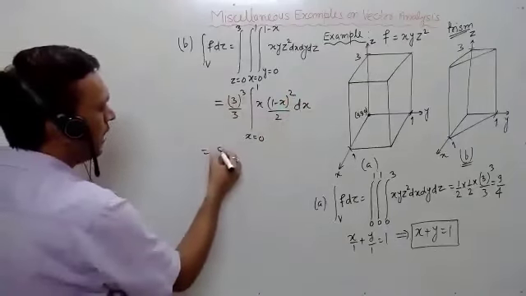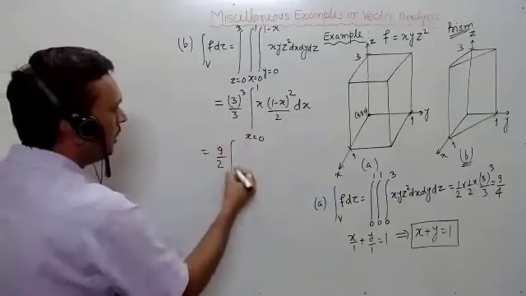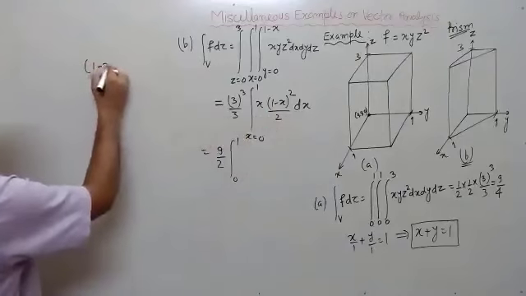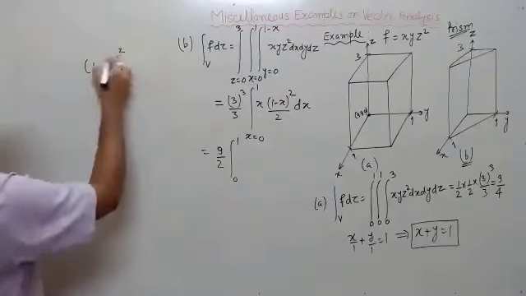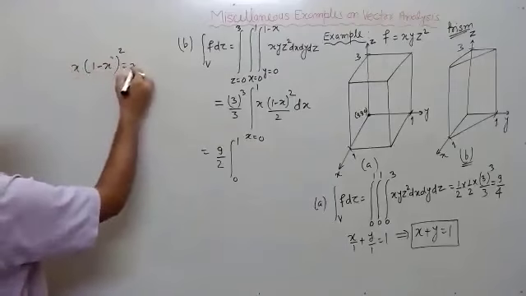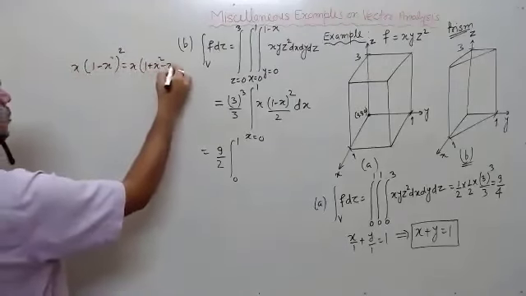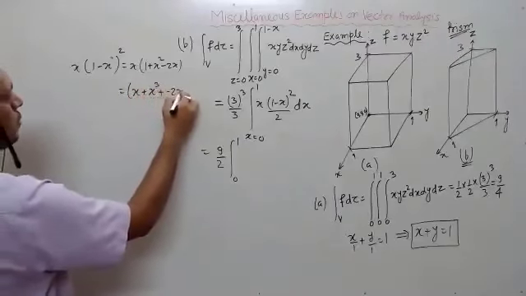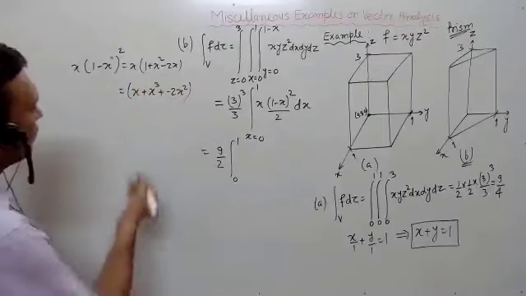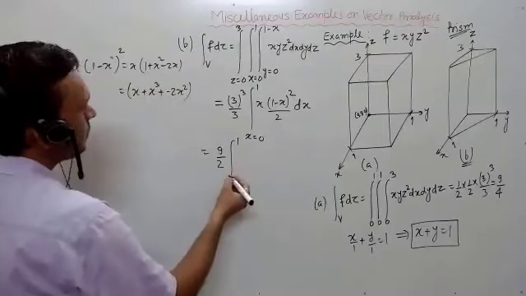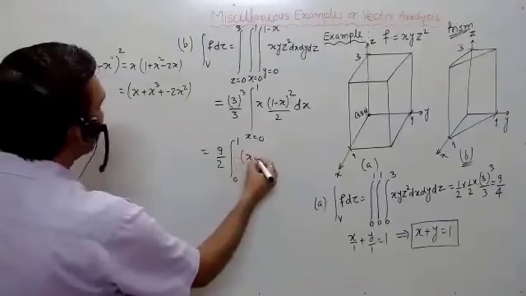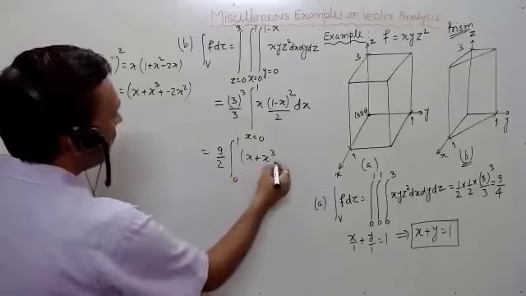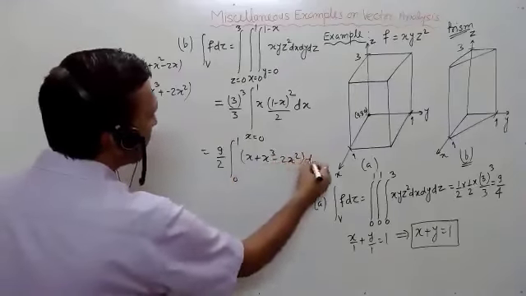So this will be 9 by 2 times the integral from 0 to 1. So what will be this value? 1 minus x whole square is 1 plus x square minus 2x. So this will be the integral of 1 plus x square minus 2x dx.